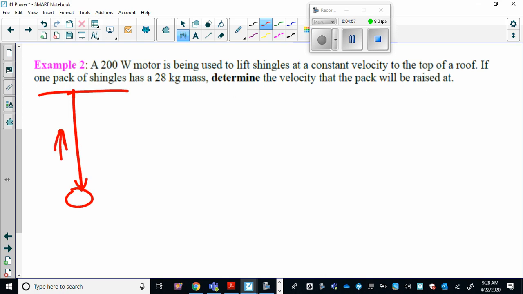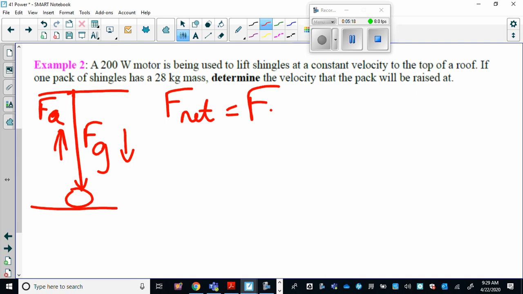What's it pulling it up against? Obviously gravity. So we have an applied force pulling it up. We have a gravitational force pulling it down, and therefore the net force equals the applied force plus the gravitational force.